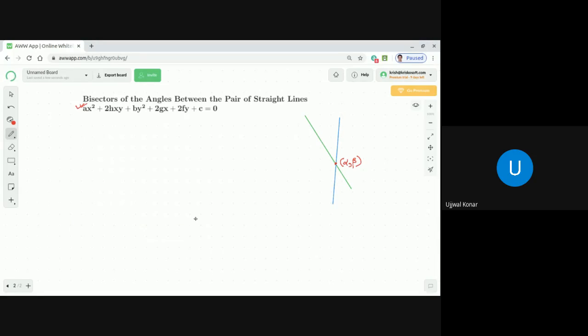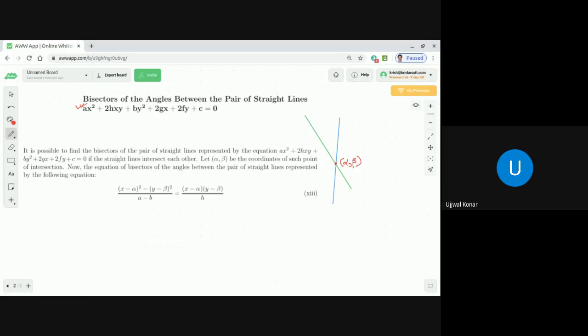Here it is. It is possible to find the bisectors of the pair of straight lines represented by the equation ax square plus 2hxy plus by square plus 2gx plus 2fy plus c equal to 0 if the straight lines intersect each other. Let alpha comma beta be the coordinates of such point of intersection.